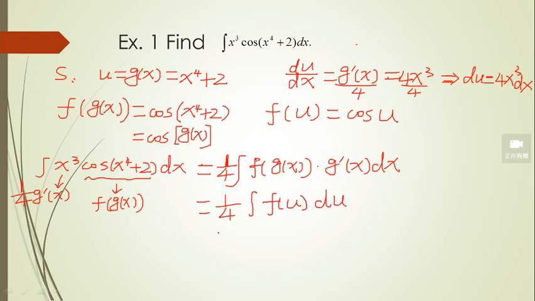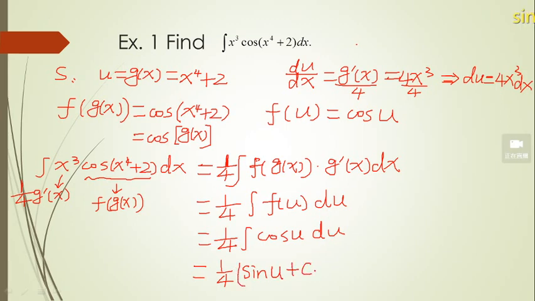Now it's pretty easy. What is my f(u)? f(u) is cosine u. What is the antiderivative of cosine u? It's very direct: sine u. Here you might write sine u plus a constant c1.